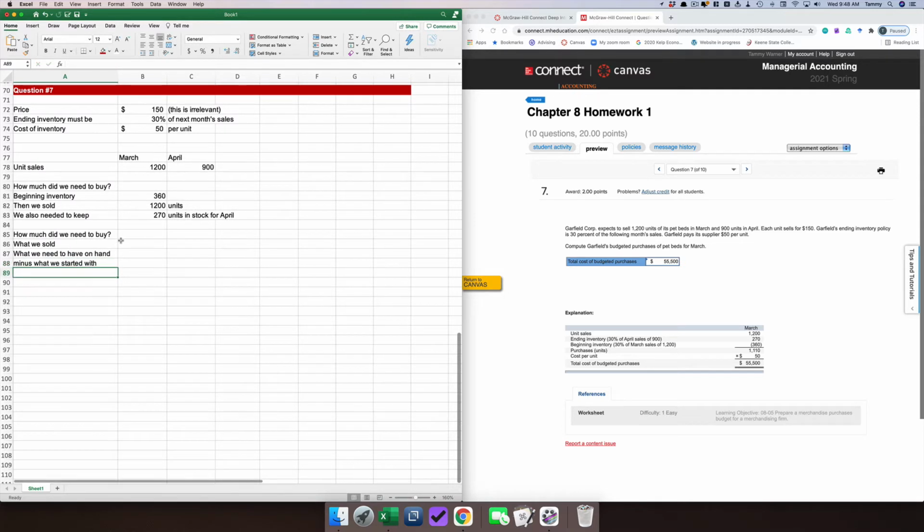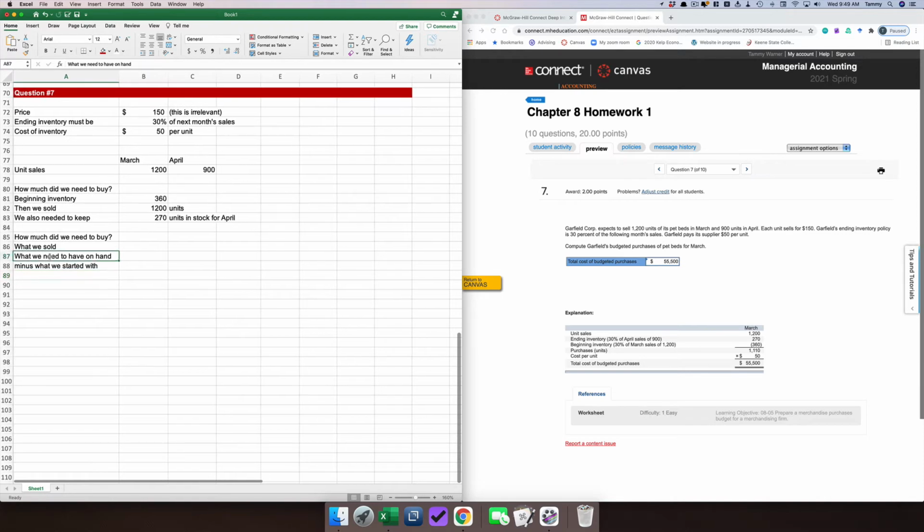We needed to buy the amount that we sold plus what we needed to have on hand for next month minus what we started with, because we didn't need to buy that 360 that we started with. Okay, 1,110 units.